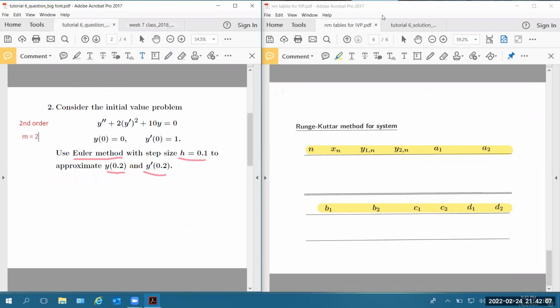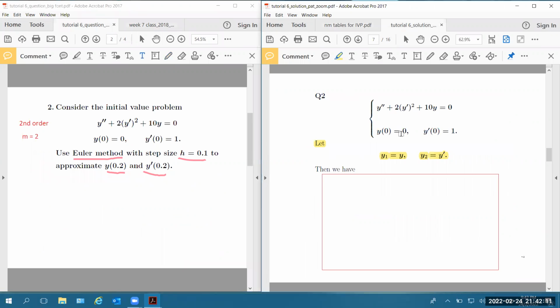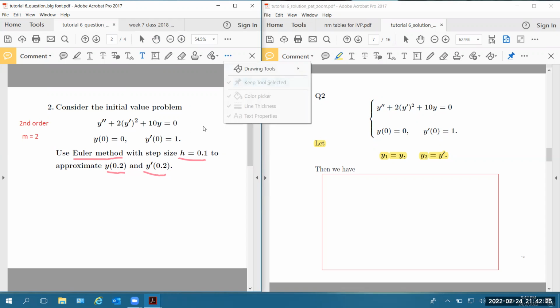Let me see my solution here. So this is my problem. I say let y1 be y, y2 be y prime. Now let's do this together. Can I change the color?